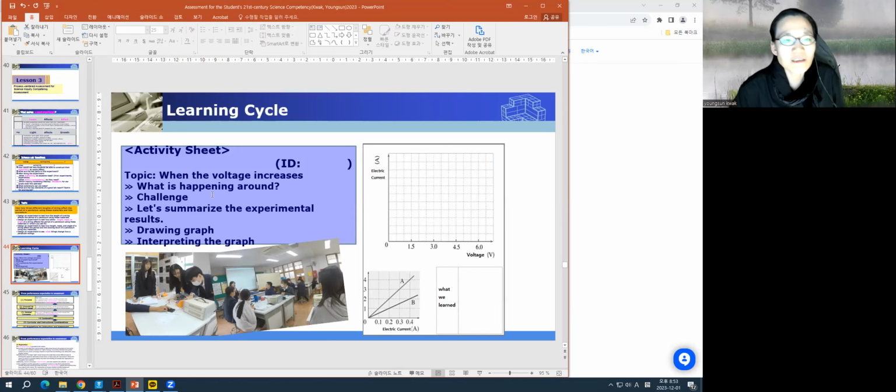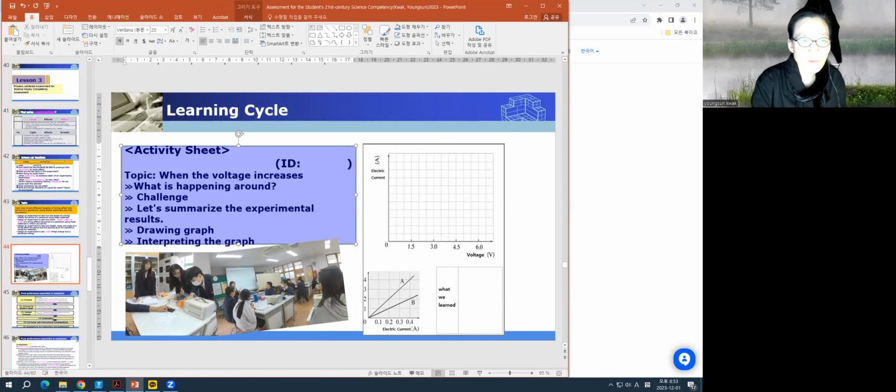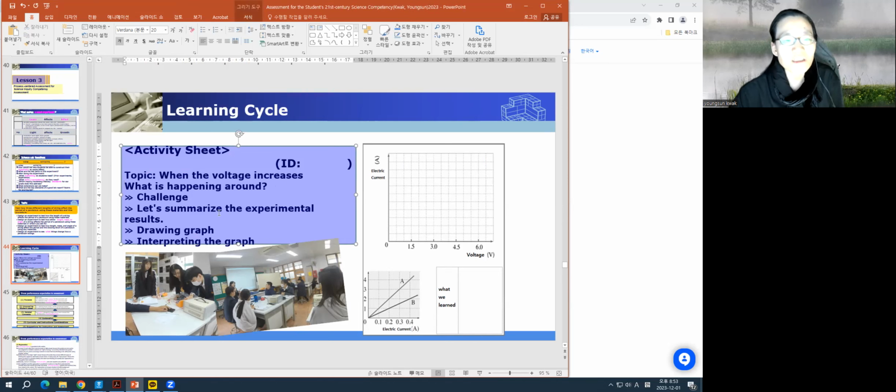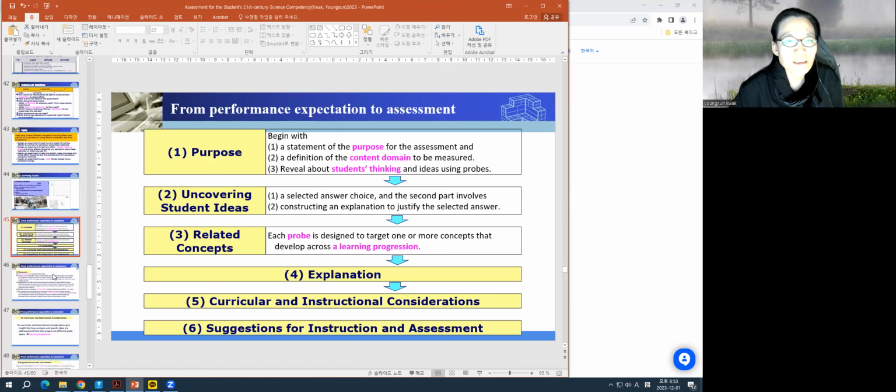The topic is about what is changing when the voltage increases. Students needed to conduct the experiment and then collect data. Sometimes they needed to transform that numerical data into a graph. This is the graph they needed to make.